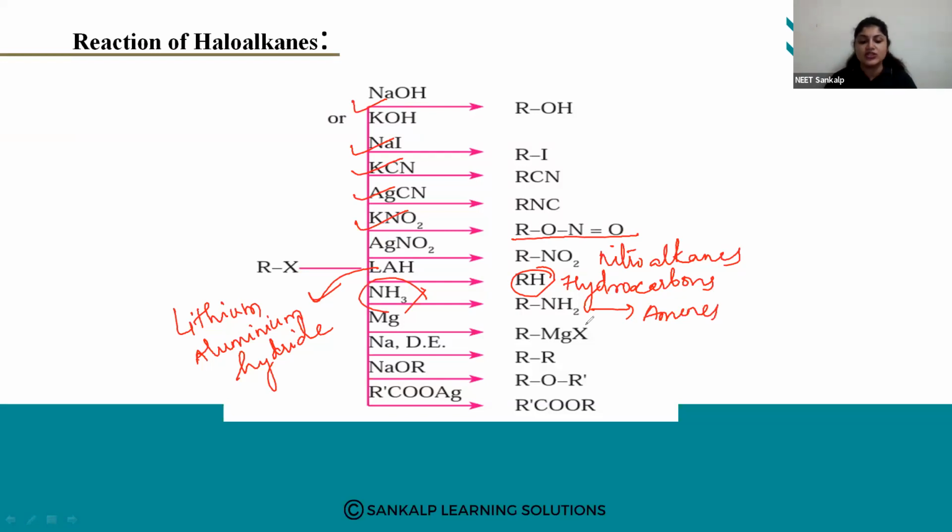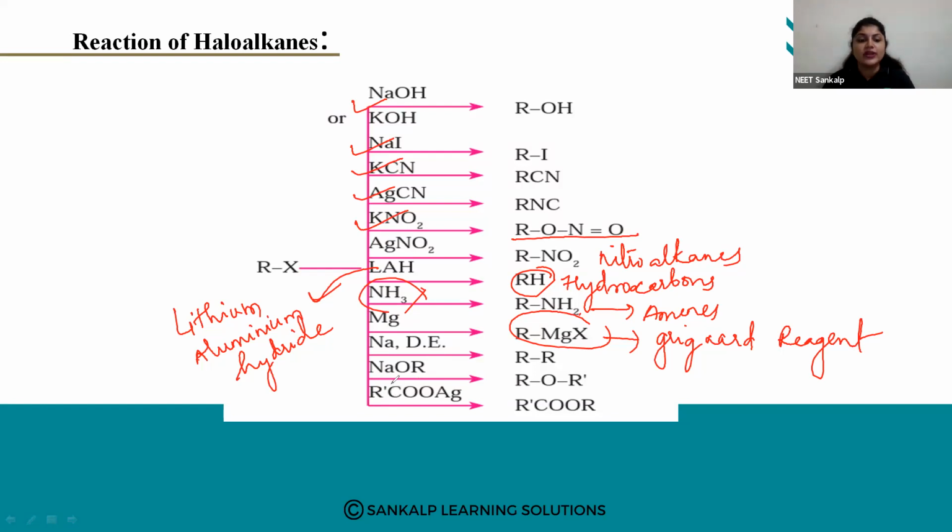Then if you react with Mg, a metal, it will form RMgX, which is nothing but an organometallic compound, the Grignard reagent. Then if you react with Na, it will form alkanes. That is, if you react with metals, it will form alkanes.